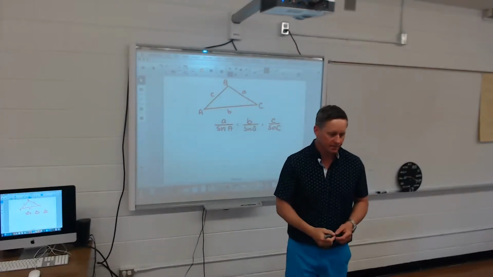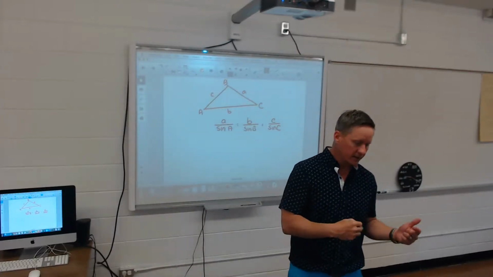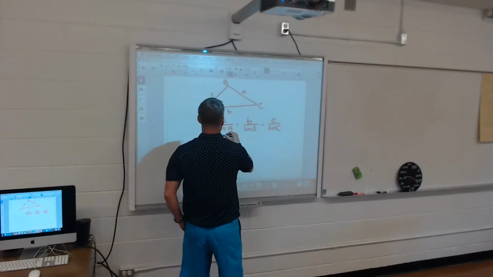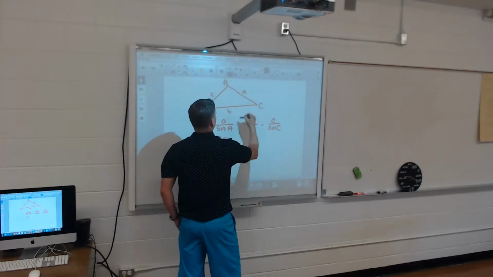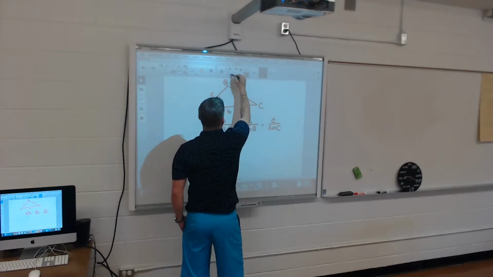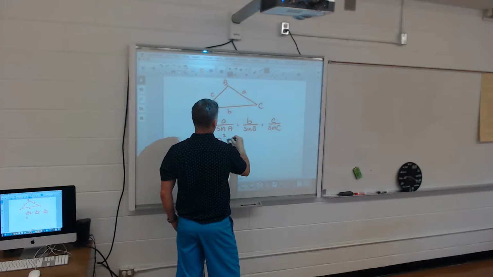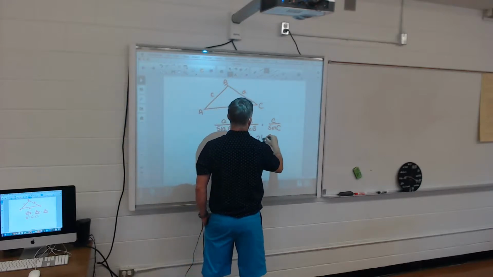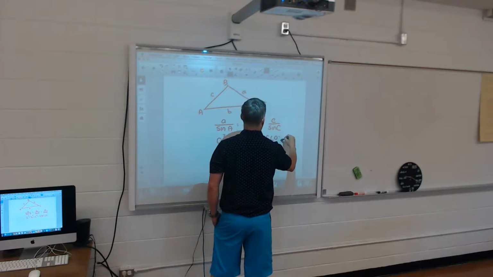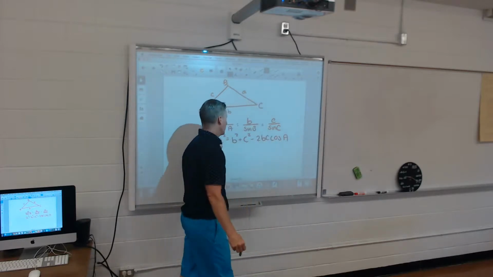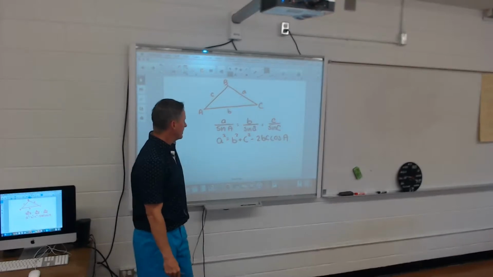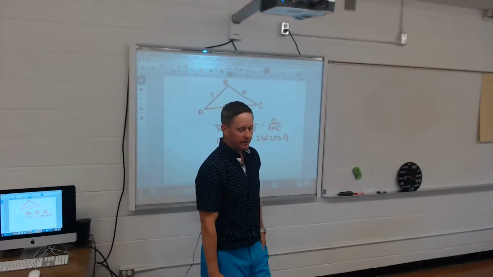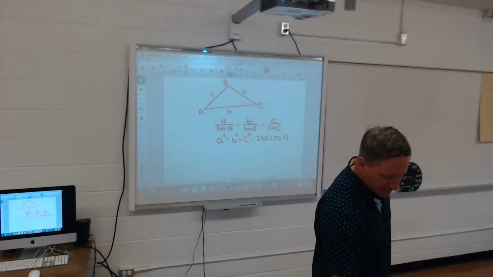If I don't have an angle and a side across from it, then I need to use my law of cosines, which is 2.4. And the law of cosines is a squared equals b squared plus c squared minus 2bc times the cos of A. So that's your 2.4.